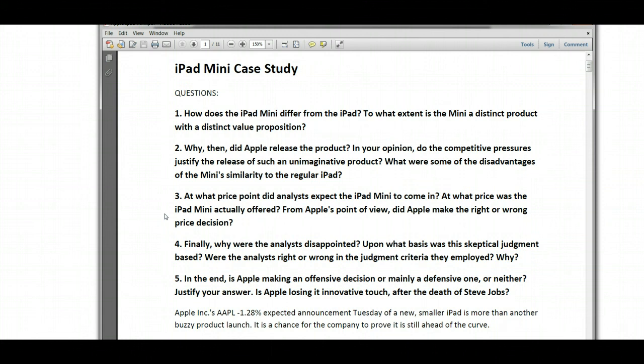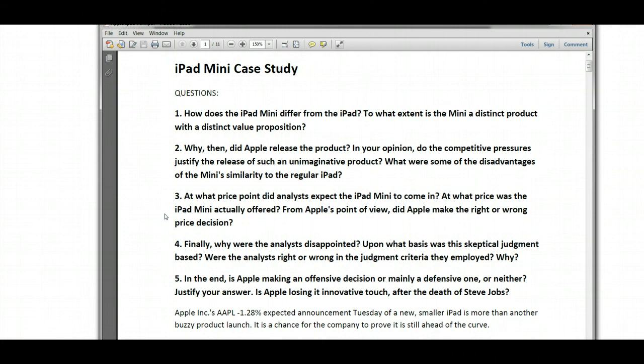Time will tell if they're right or wrong, but this is another personal point I was looking for: what you thought was right or wrong about the judgment criteria they employed, and hopefully you added some of your own feelings about the product, whether you felt it was a good idea or a bad idea. That's also saying if you've ever seen one and been able to work with one. Not everybody had that advantage.